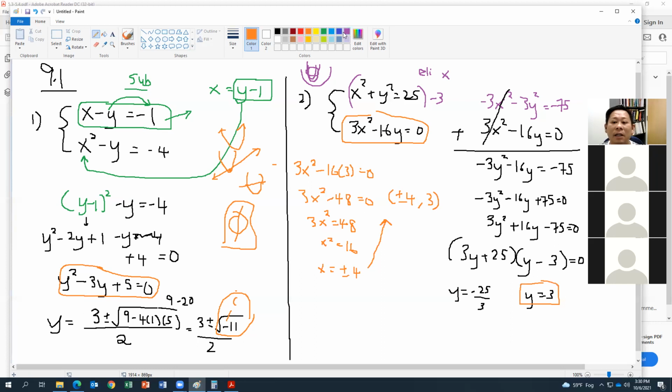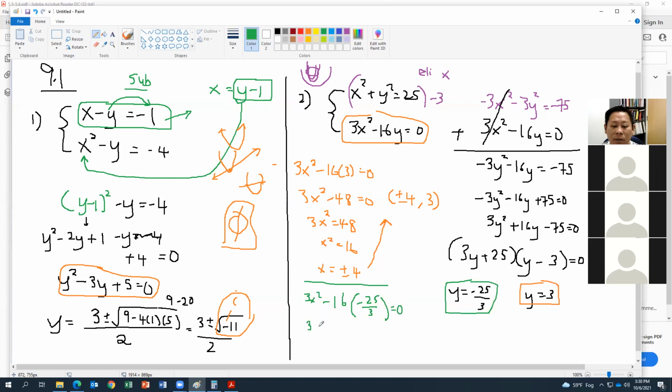So next, we need to plug y equals negative 25/3 in here. So yes, you have to do both of them. So 3x squared minus 16 times negative 25/3 equals 0.